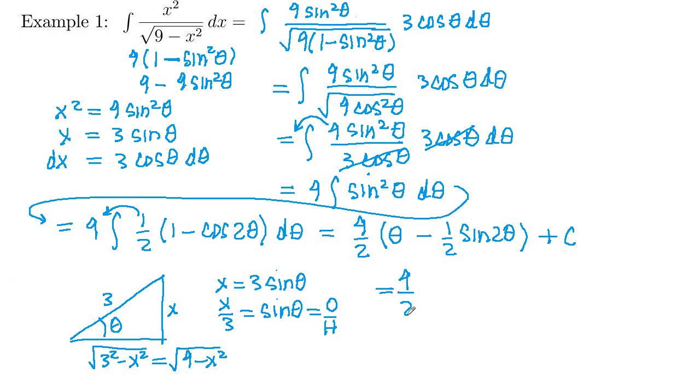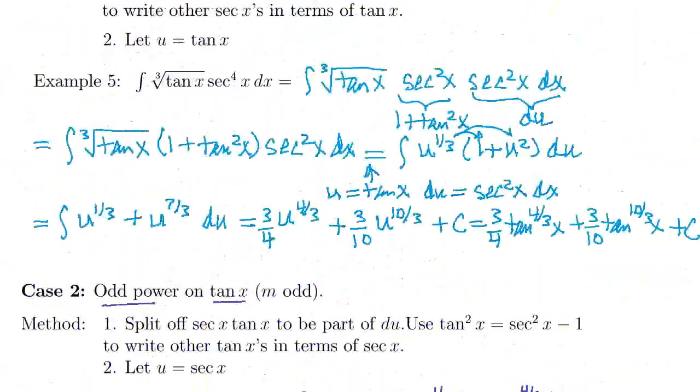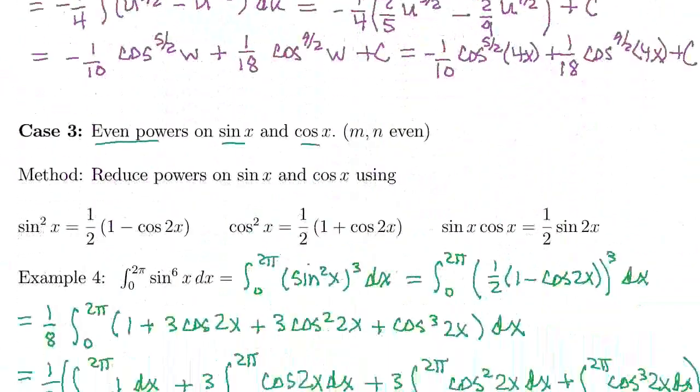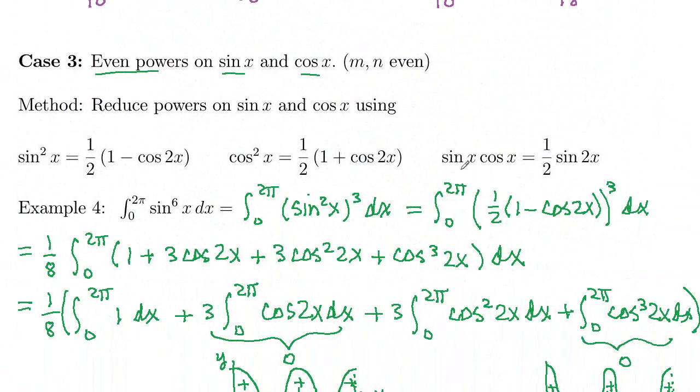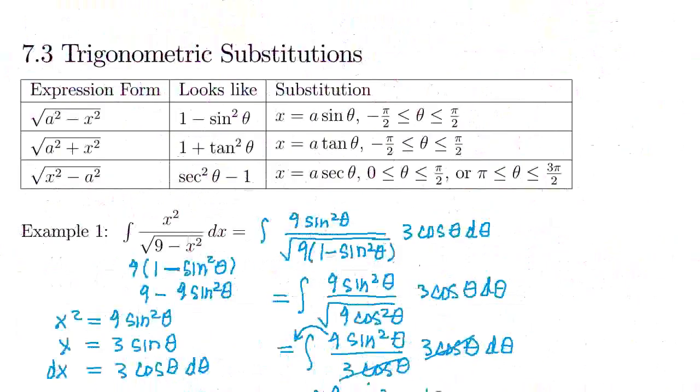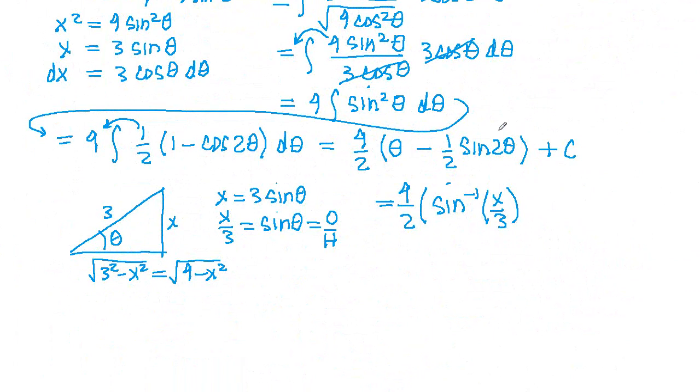So we've got a 9/2 out in front. Our theta is inverse sine of x over 3. And then for sine 2 theta, we know what sine theta is, it's x over 3, but we don't know what sine 2 theta is. But if we go back to our half angle and double angle identities, 1/2 sine 2 theta is sine theta cosine theta.